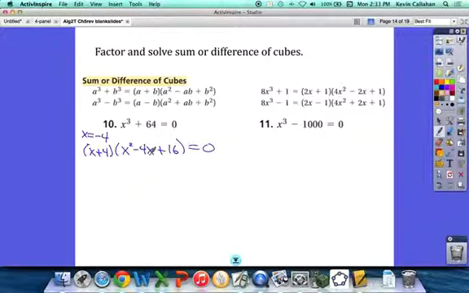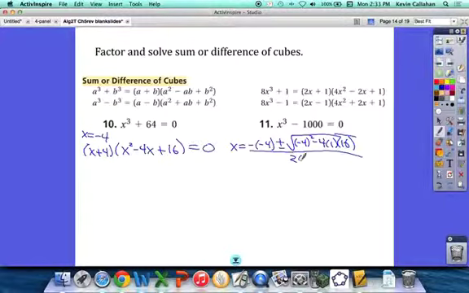That's what we need. So let's see. Here we go. This is x equals negative 4 plus or minus the square root of negative 4 squared minus 4 times 1 times 16. X equals 4 plus or minus the square root of 16 minus 64.